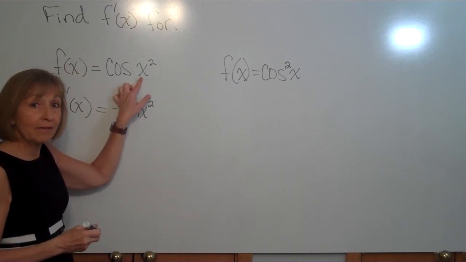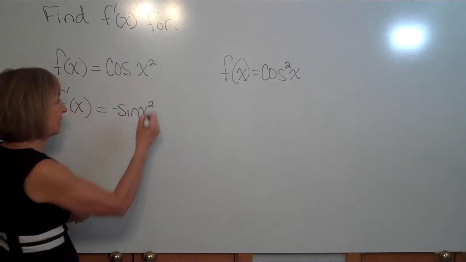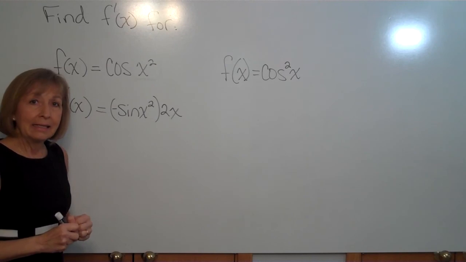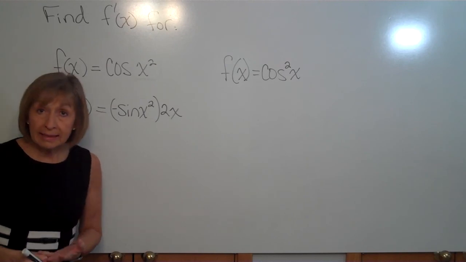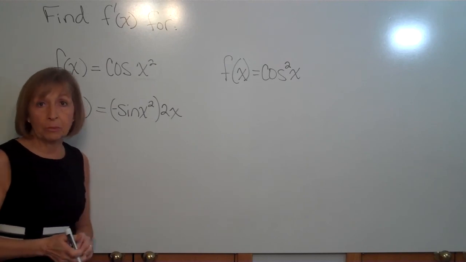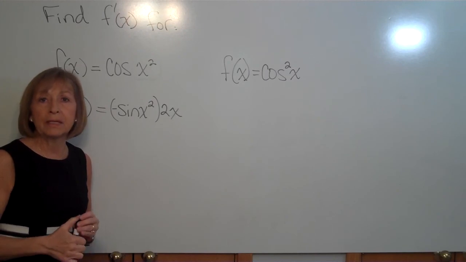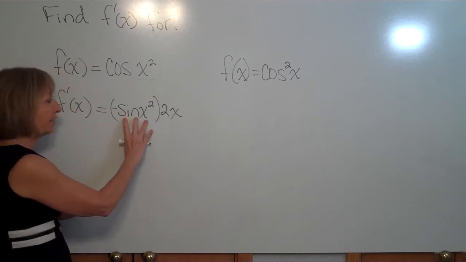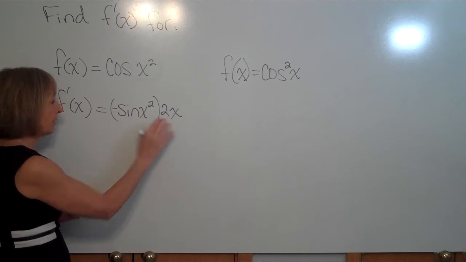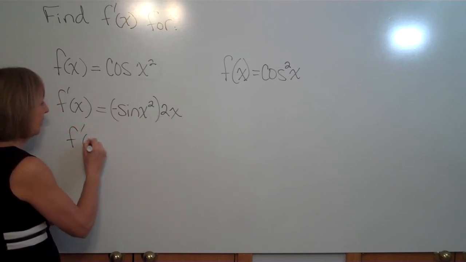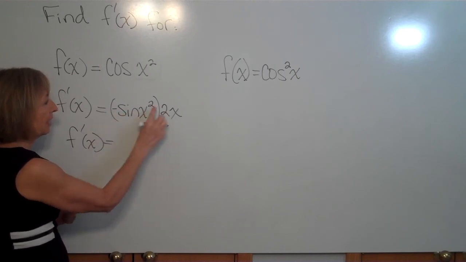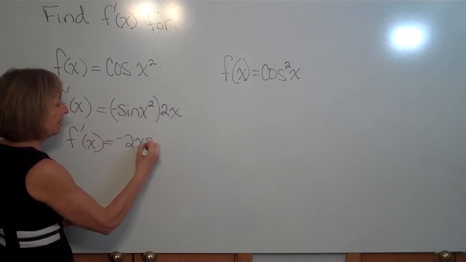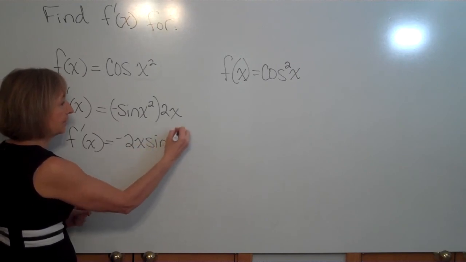And the derivative of x squared is 2x. Now, I want to rewrite this in the way that it would be least likely to be misunderstood: negative sine of x squared multiplied by 2x is better written as, well, negative times positive is a negative, and then we'll write this as negative 2x sine of x squared.